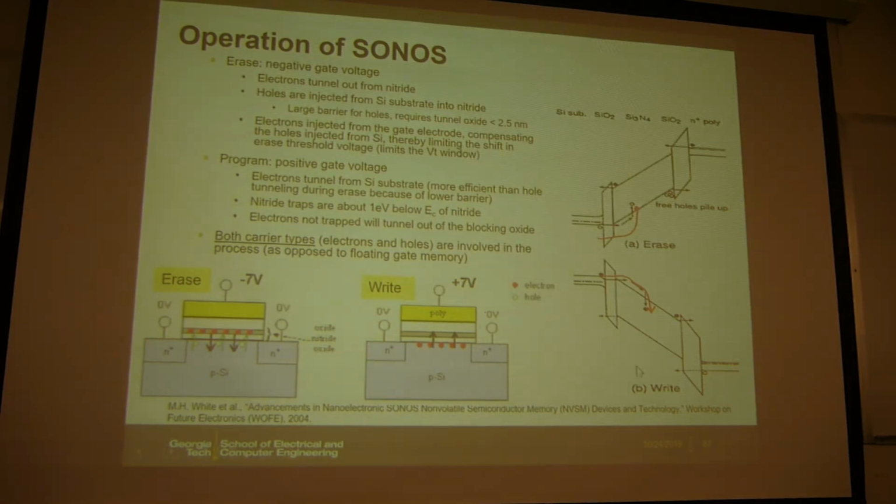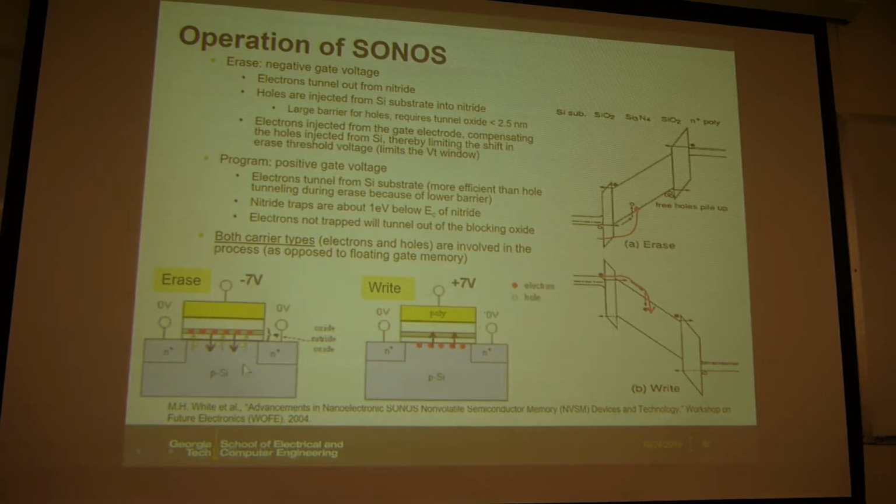Okay. So in the program and erase, previously we talked about that in the floating gate only the electrons are tunneling through, but in the SONOS case, the holes are also tunneling through. For example, here in the erase case, we apply negative voltage to the gate, or we apply positive voltage to the substrate. In this case, the voltage is lower, like 7 volts.